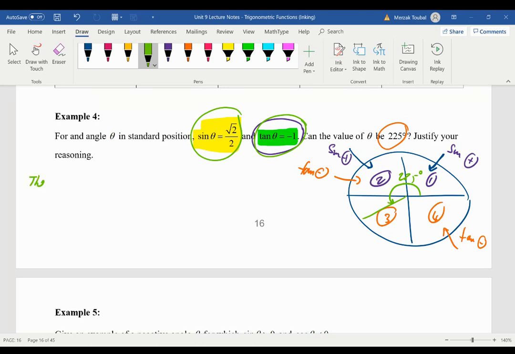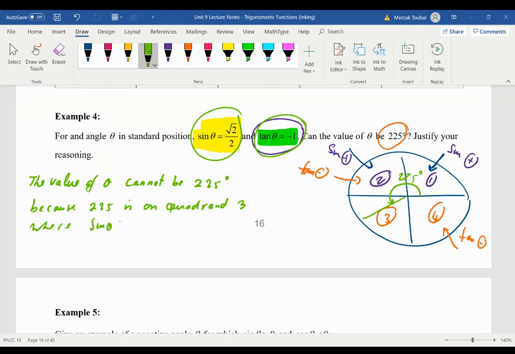So the value of theta cannot be 225 because 225 is on quadrant 3, where sine of theta is negative and tangent of theta is positive.